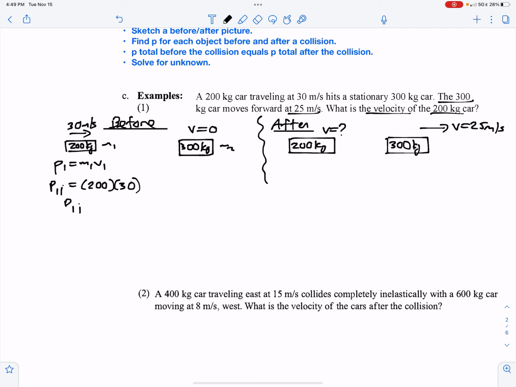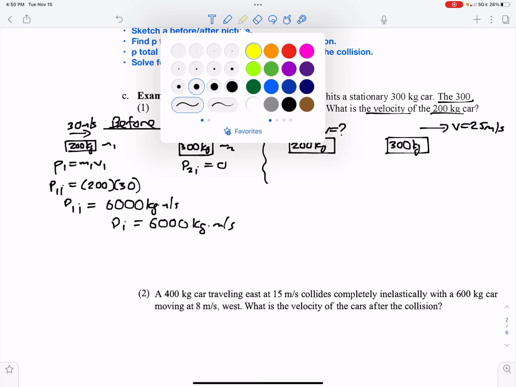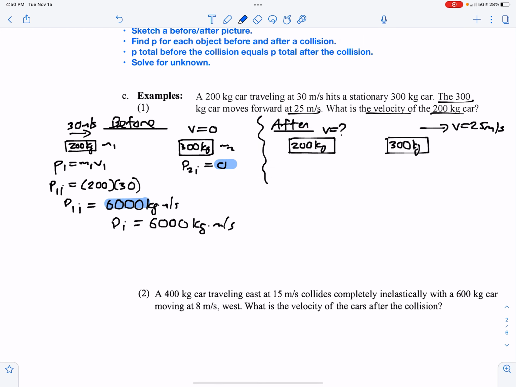So P1 initial is equal to 6,000 kilograms meters per second. Now, P2 initial equals 0 because you're at rest, right? So what that means is P initial equals 6,000 kilograms meters per second. So it's basically I'm adding 6,000 plus 0. Okay, that's my total initial momentum.